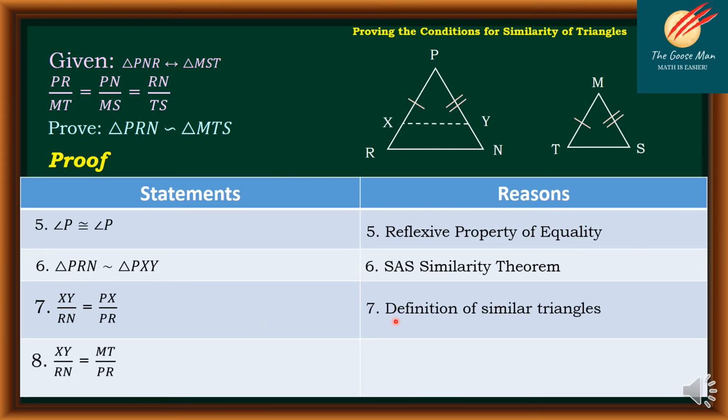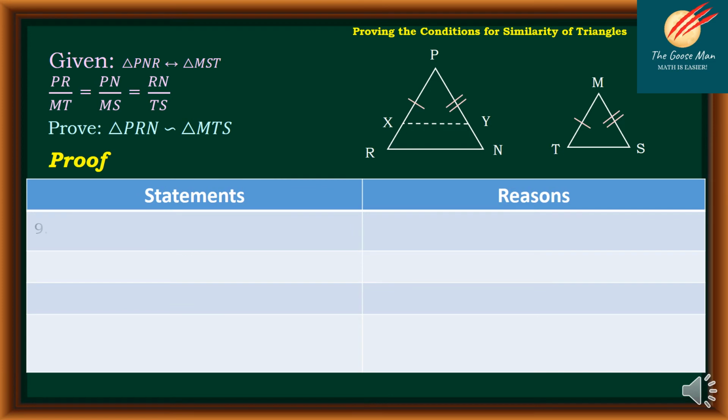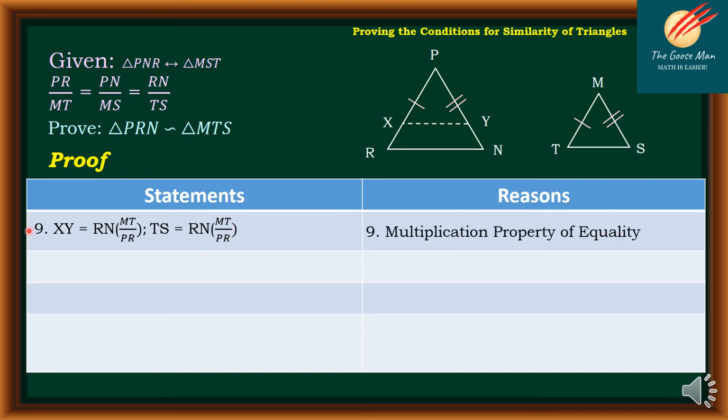For number 8, we have XY over RN, which is the same as MT over PR. We use substitution since PX is equal to MT a while ago. Let's continue. For statement number 9, we have XY is equal to RN times MT over PR, as well as TS is equal to RN times MT over PR. We use the multiplication property of equality.